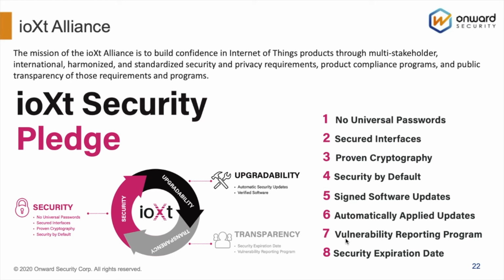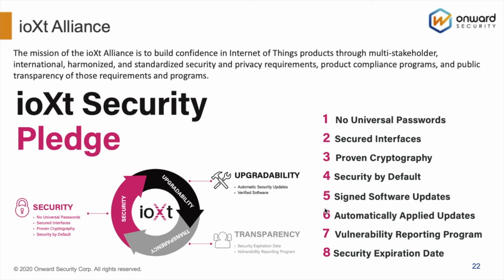So you can see that IOXT has requirements similar to Amazon and CTIA. So more and more industry requirements are similar. For example, they ask you to use a unique password, or you also have to support a firmware update mechanism.